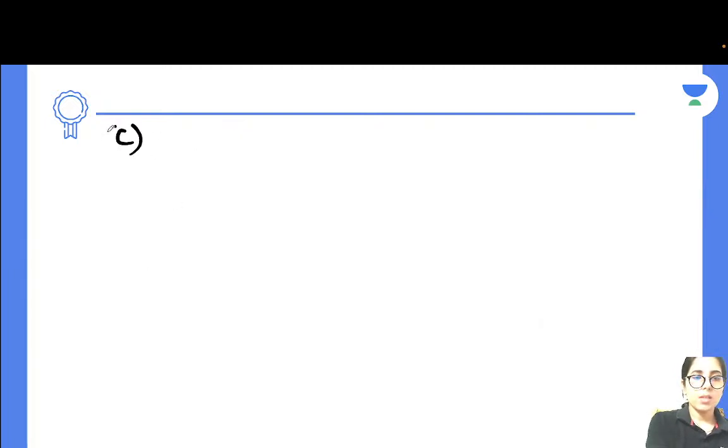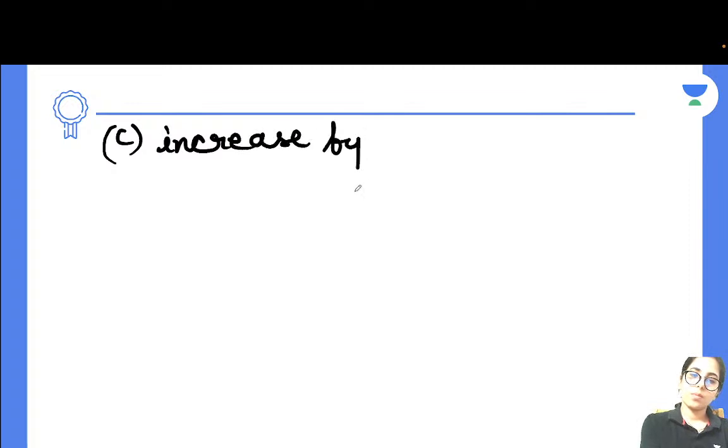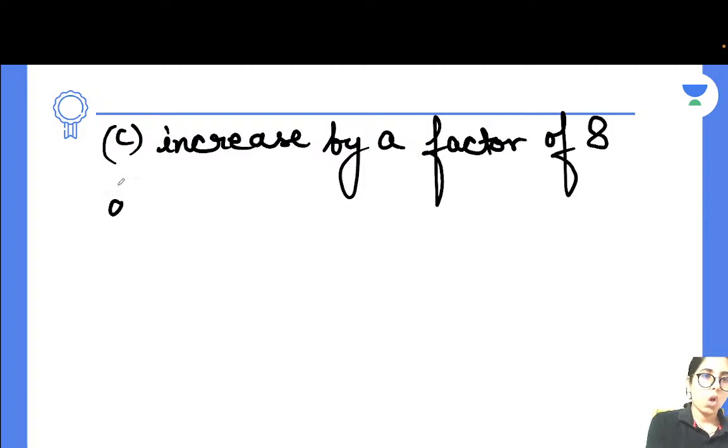Option C says increase by a factor of 8. Option D says decrease by a factor of 8.